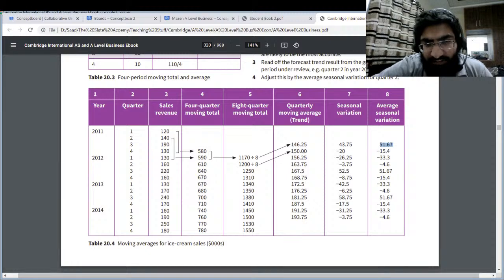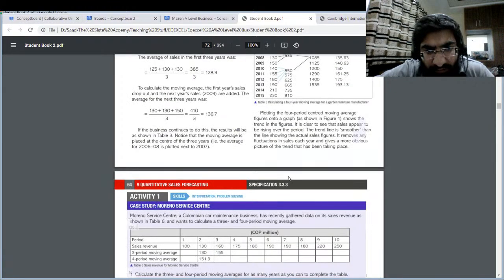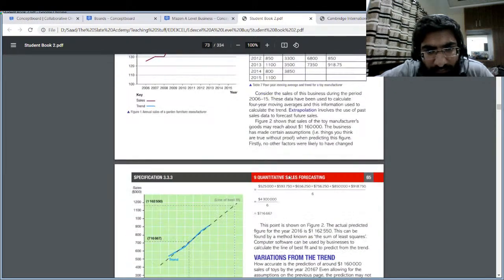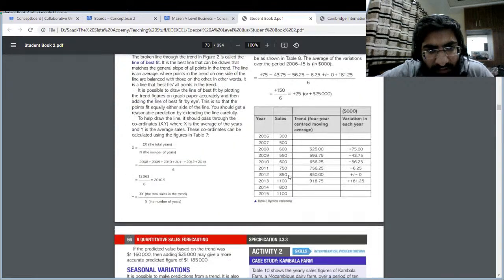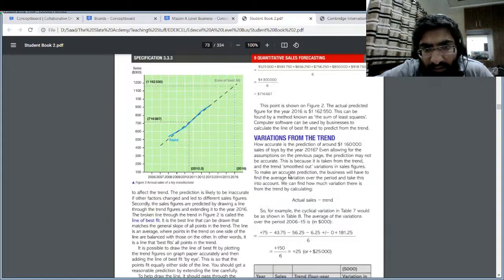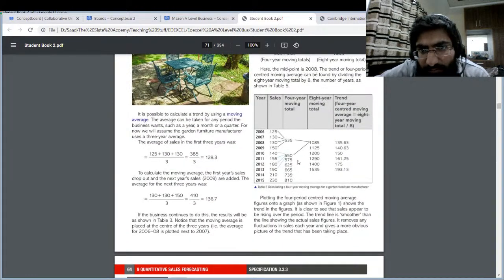It's a bit tricky, but this is how you use this moving average for calculating sales. There are a number of other methods as well. Have they used just this one or the 8 year moving total?